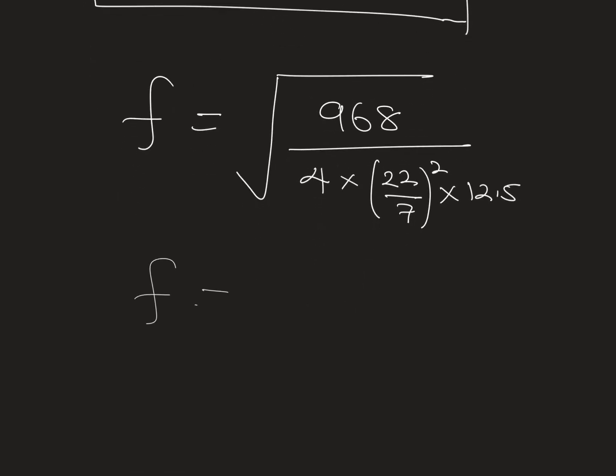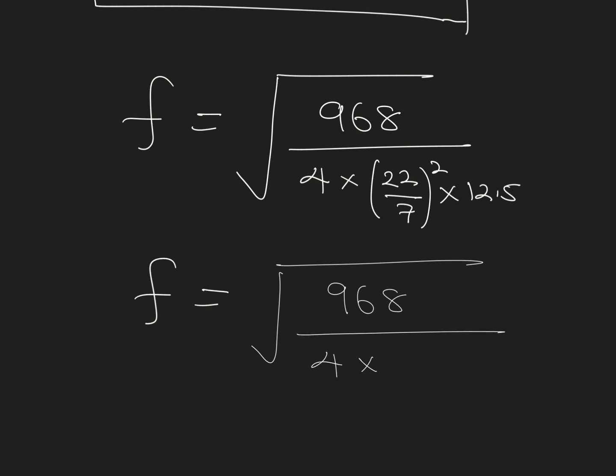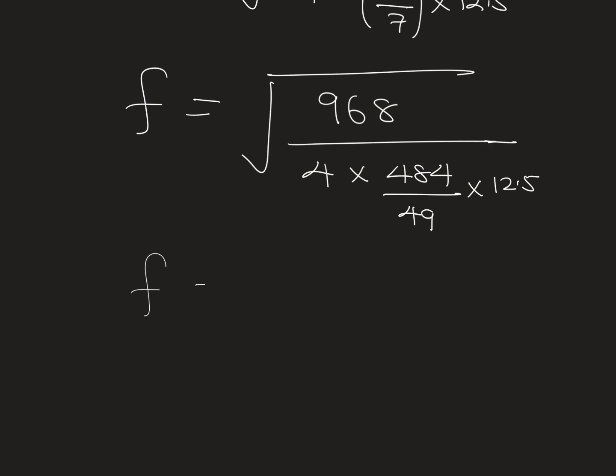So the frequency will be the square root of 968 all over 4 times 22 square is 484 divided by 7 square is 49. So multiply that by 12.5. We'll have frequency is equal to the square root of 968 all over 4 times 484 over 49 times 12.5.